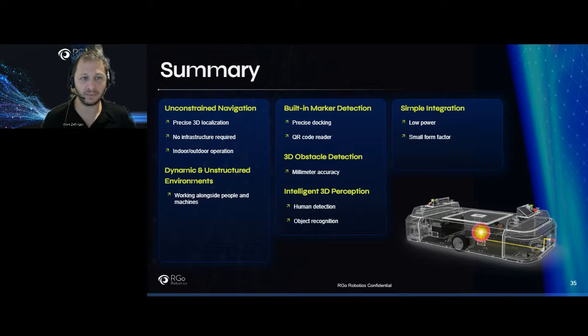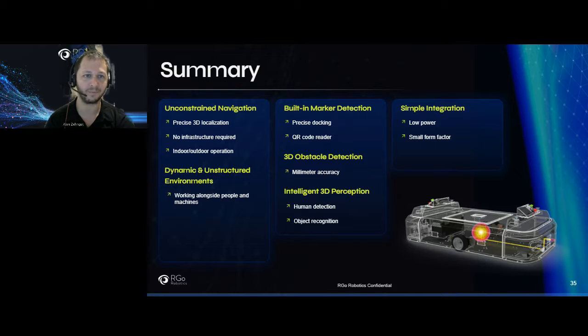We didn't discuss this much in this webinar. We focused on localization, but of course the perception engine facilitates all kinds of perception, sophisticated layers, all the way from human detection to object recognition and classification, which usually requires a higher compute stack.